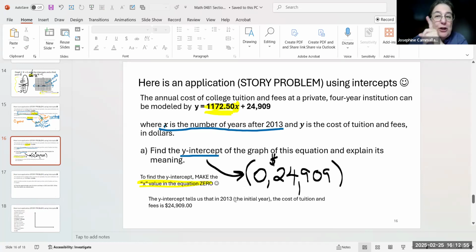In 2013, when I decided to keep records, the tuition was at a certain amount.